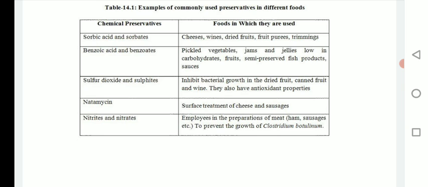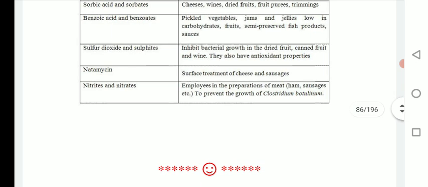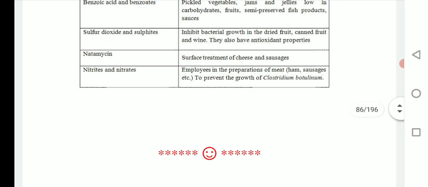Sulfur dioxide and sulfites inhibit bacterial growth in dried fruits, canned fruit and wine, and they have antioxidant properties. Natamycin is used in surface treatment of cheese and sausages. And nitrates and nitrites are employed in the preparation of meat such as ham and sausage to prevent growth of Clostridium botulinum.